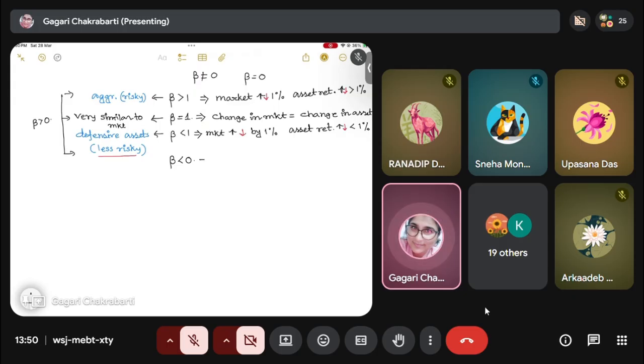But suppose you have an asset where beta is less than 0, will you be interested in the asset? Beta less than 0 মানে কি? মানে what is the relationship between the asset movement and the market movement? বলো, কে আনসার দেবে?